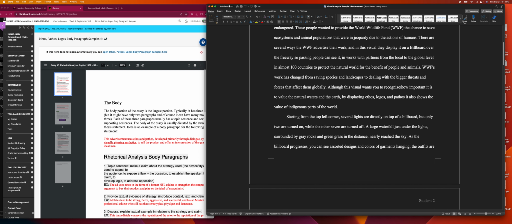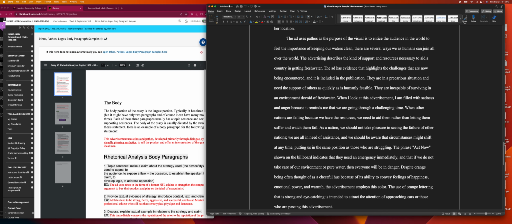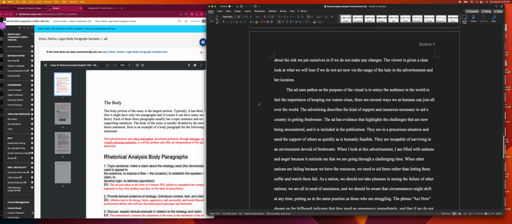He says this visual wants you to recognize how important it is to value the natural waters and the earth, right? So he says that this photo is making an argument that we should value the natural waters and the earth, okay? So I need to know, how does this ad make an emotional appeal that says we need to value the natural waters that are on the earth, right? That's what I expect his paragraph to answer.